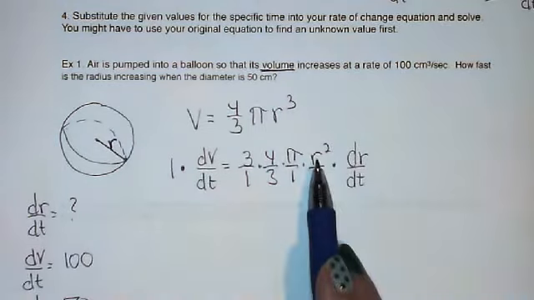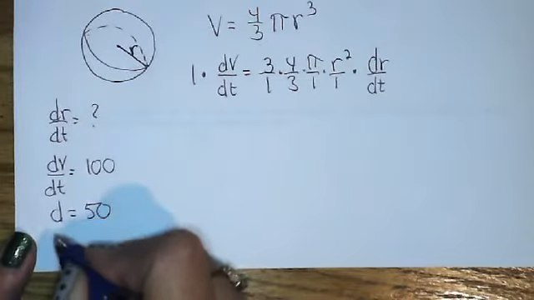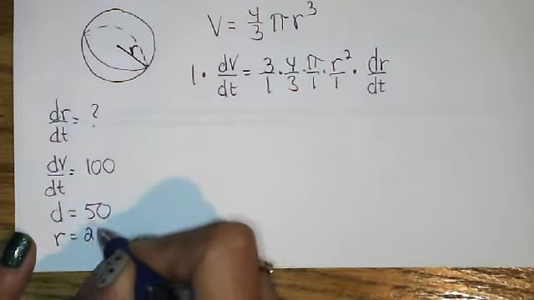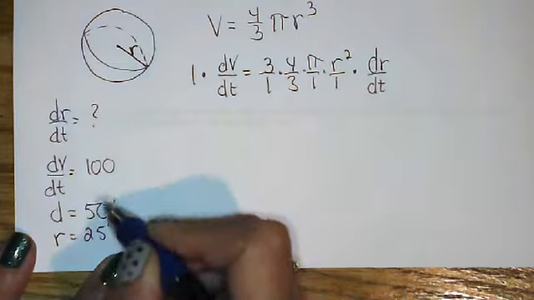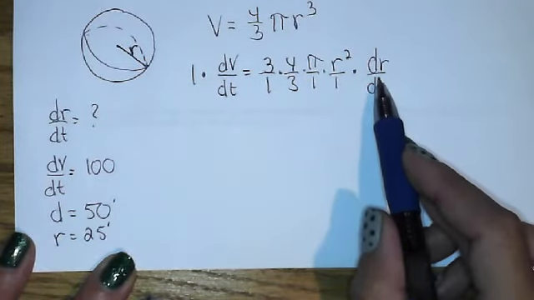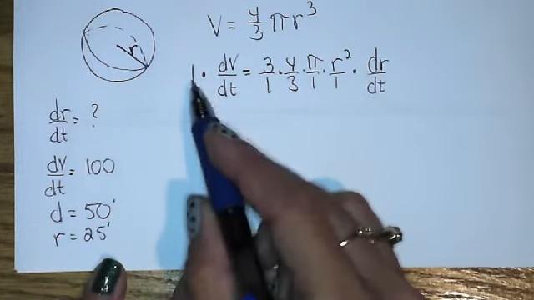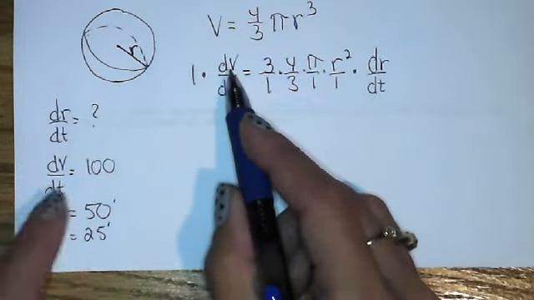If I look back in my equation, I need to know dv dt. Got that. I need to know the radius. Well, if they give me diameter, I can get the radius at 25 feet. And then I am trying to solve for dr dt. So it just turns into a simple algebra problem.